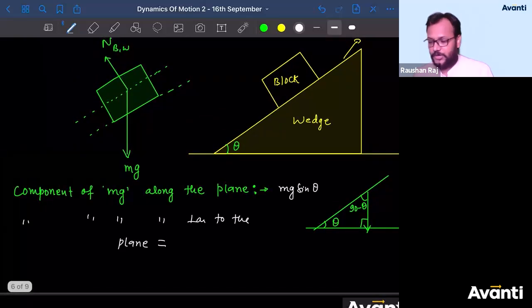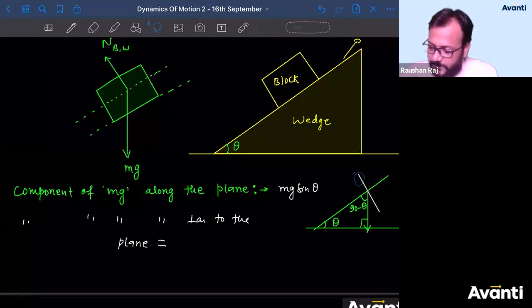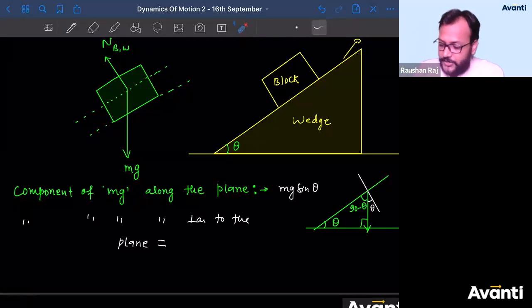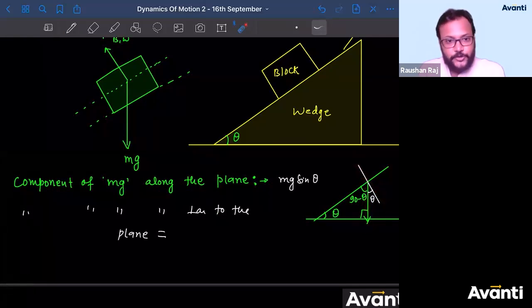Why, sir? Because perpendicular to the plane is nothing but this. So if this is 90 minus theta, this will be theta. So component of mg along perpendicular to the plane will be mg into cos of angle made by the mg with the normal, that is theta.